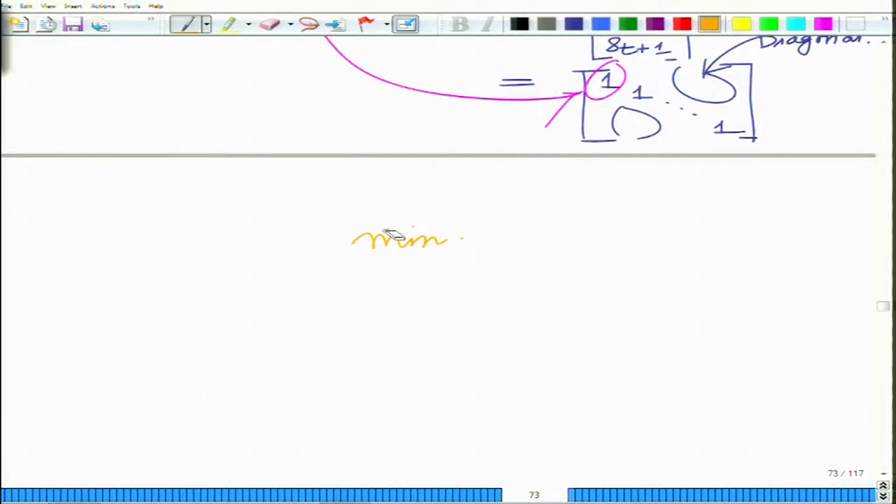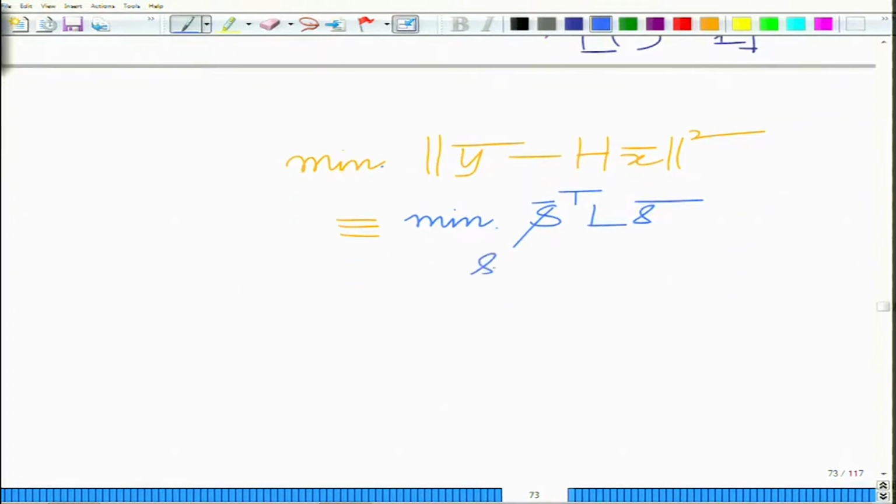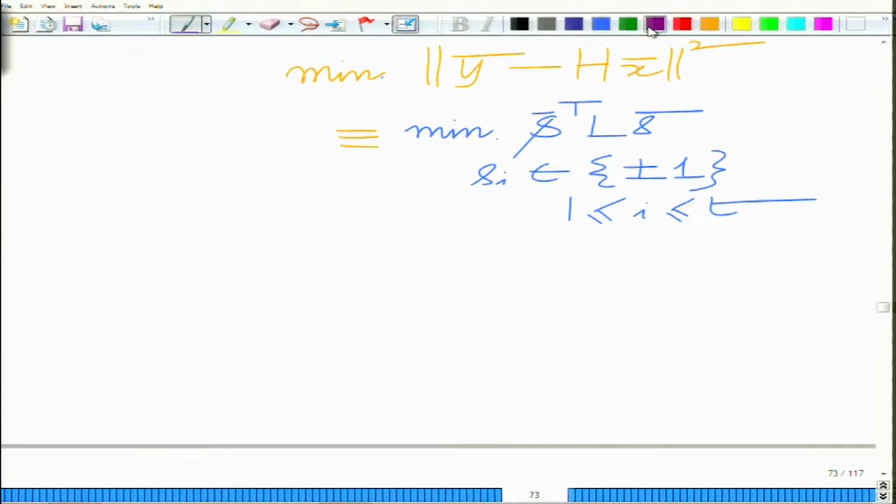So, minimize the norm of y bar minus H x bar squared can be equivalently written as minimize S bar transpose L S bar, where each Si belongs to the symbol set plus or minus 1, assuming BPSK, binary phase shift keying, for 1 less than or equal to i less than or equal to T. Now first, step 1, observe that S bar transpose L S bar is a scalar quantity, this is a number.